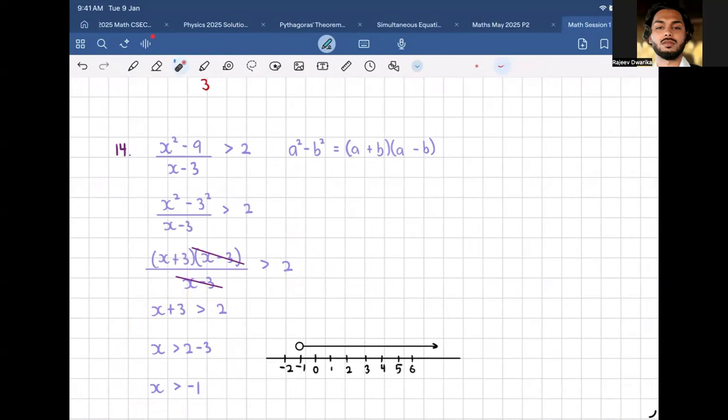Let me just raise the volume quickly. So you understand that we had to write the numerator as a product of two factors so that we could actually cancel off, because it's only when you have a product that you can cancel off. Make sense? Yes, sir. Okay, great.